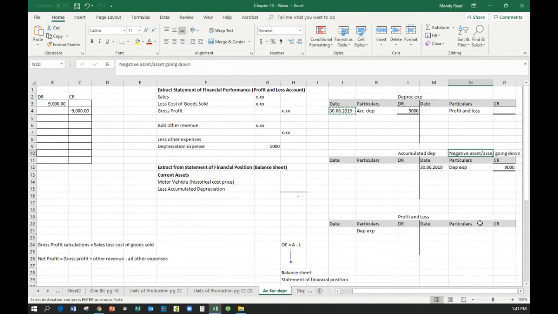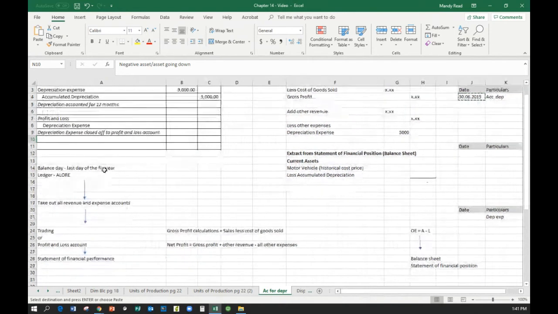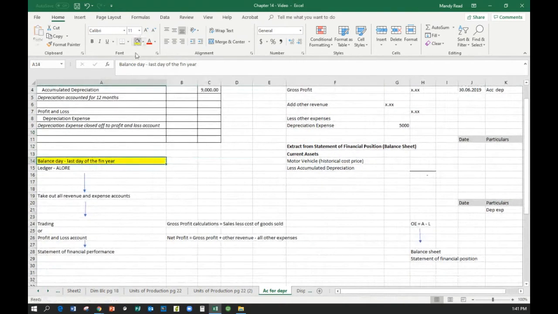I've put next to accumulated depreciation that it's a negative asset. Why? Because it reduces the value of the asset on the balance sheet. On the very, very last day of the financial year, there's a few things that we have to look at doing. The ledger account has got asset accounts in it, liability accounts, owner's equity accounts, revenue and expense accounts.